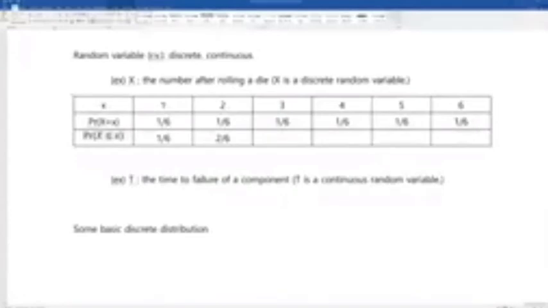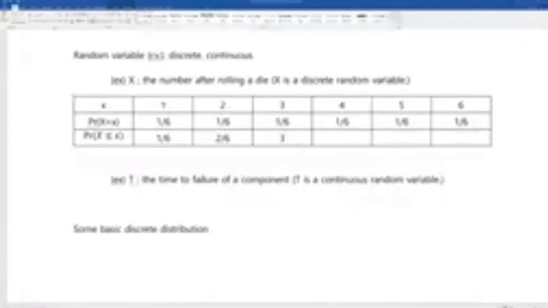When this lower x is 3, then the probability that the outcome is smaller than or equal to 3 covers all the cases when we have the outcome of 1, 2, and 3.